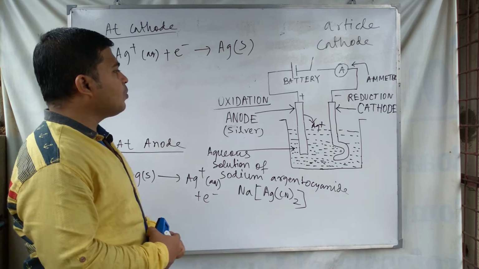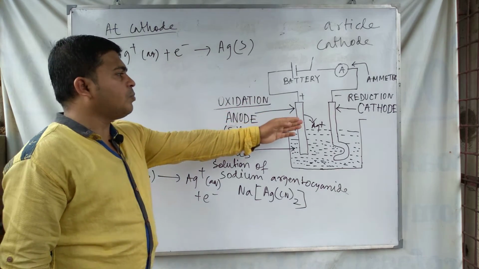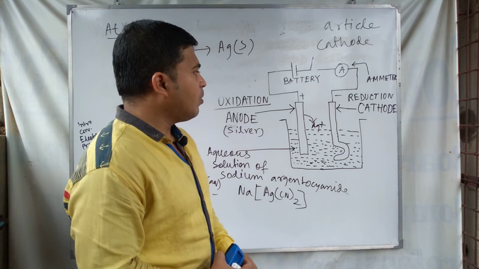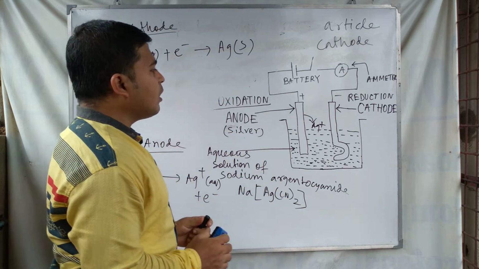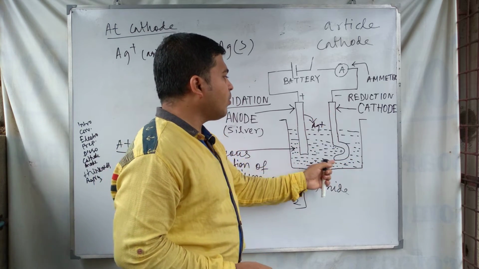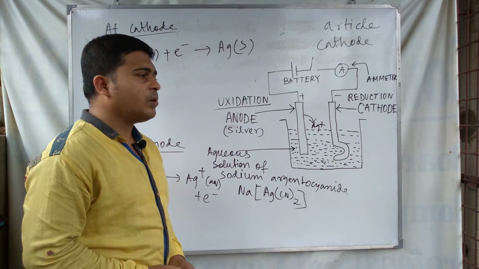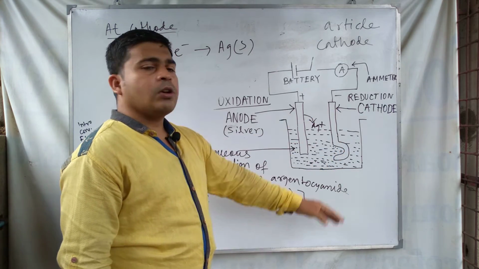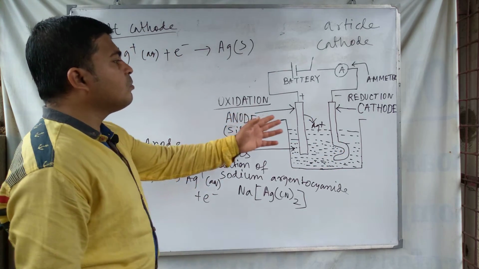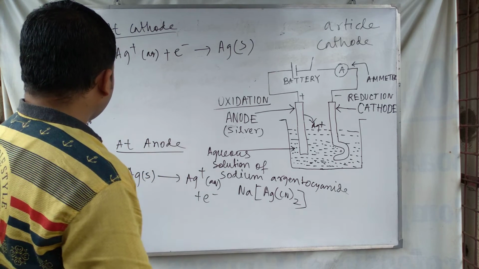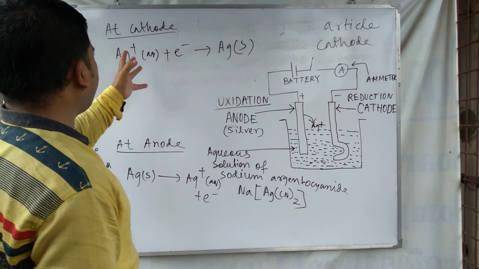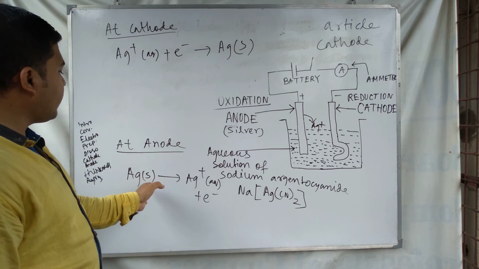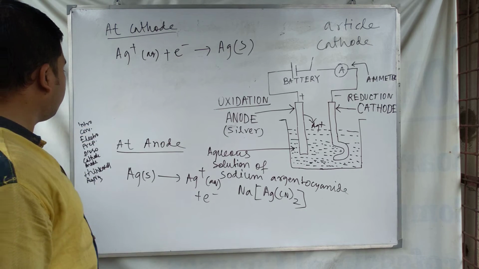In this way the silver metal is deposited on the given article, our desired article, here the brass article. On the brass article the silver metal is deposited and a film layer is formed above the article. So this is about the cathode and anode reactions. This one is the cathode reaction, this one is the anode reaction.